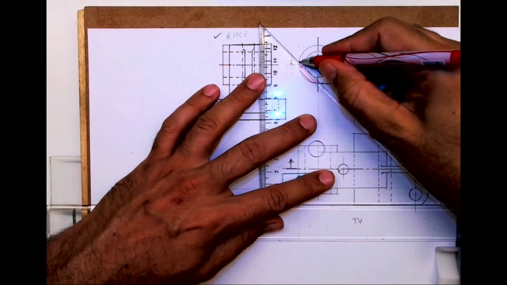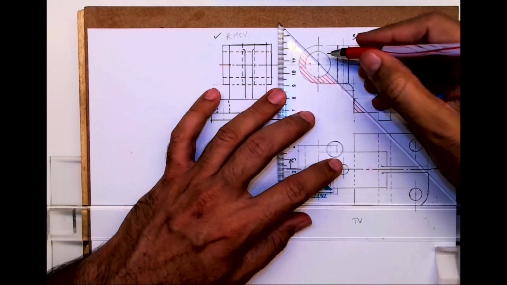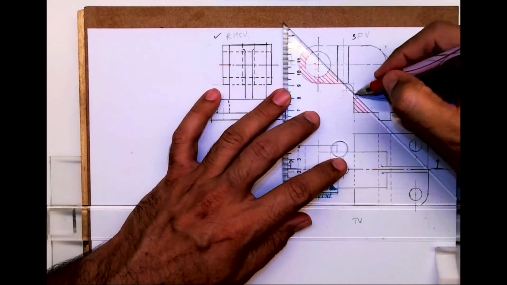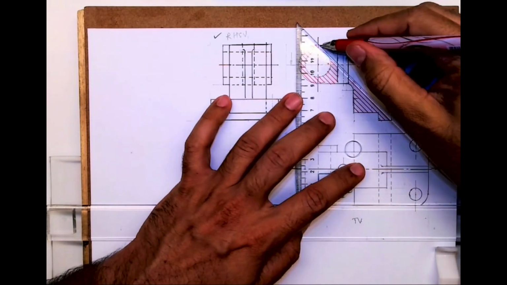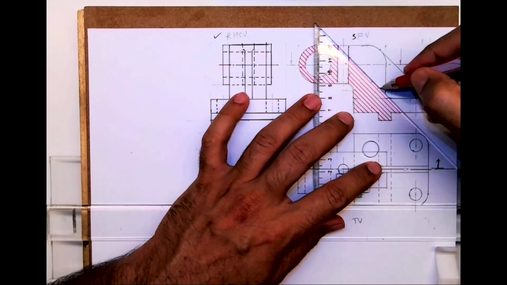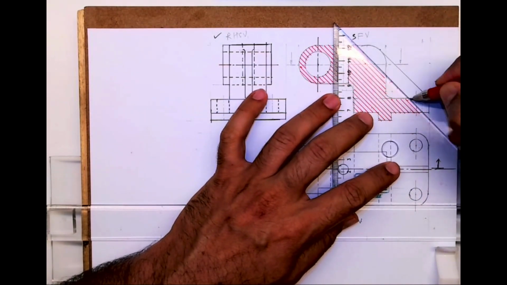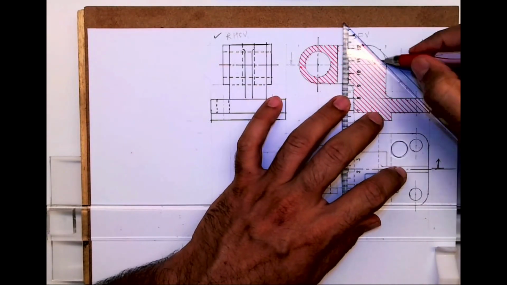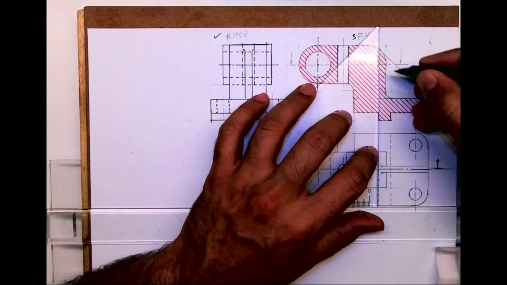Now we'll do hatching. So we are done with the sectional front view.